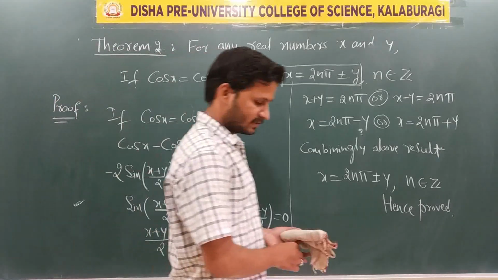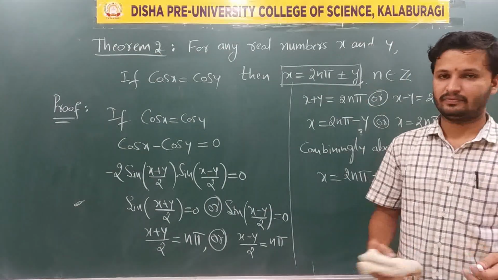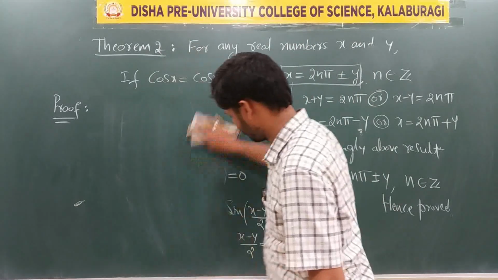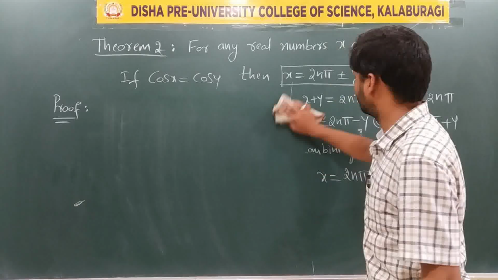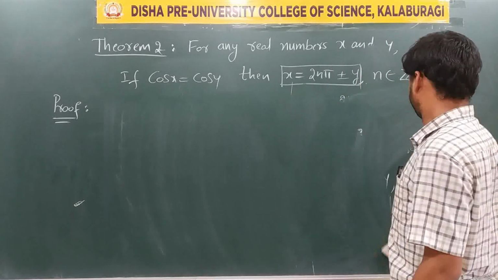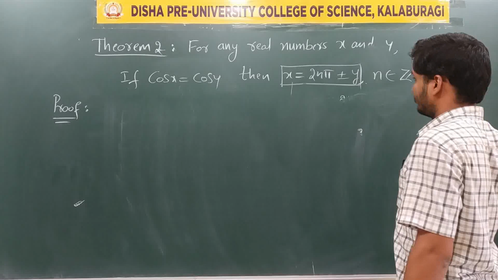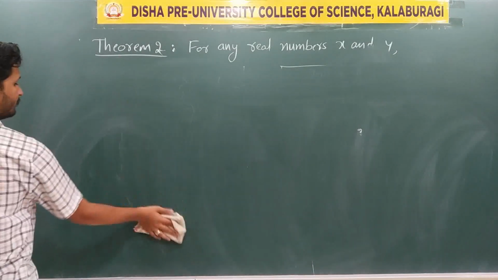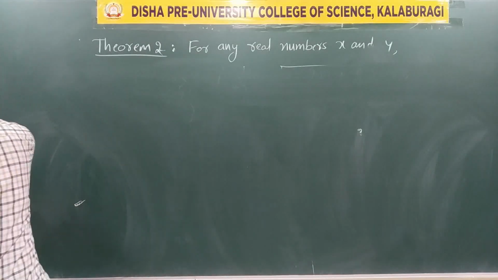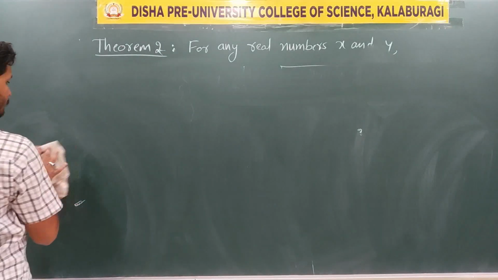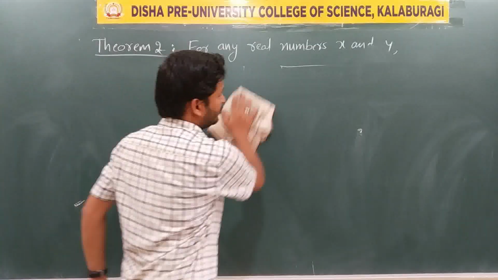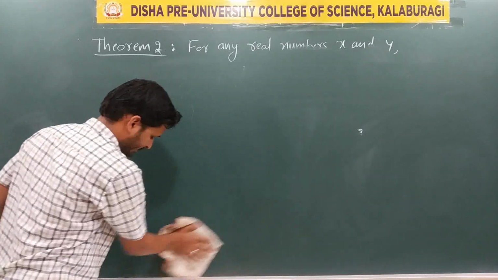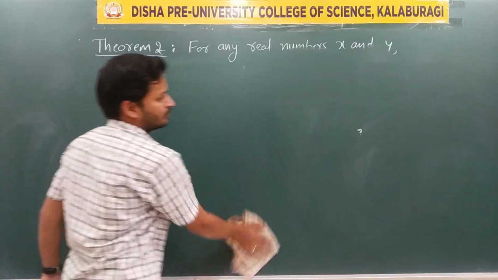tan function, that's theorem number 3. General solution of a tan function. So for the tan function, again there is an expression for the general solution, and we need to prove that.